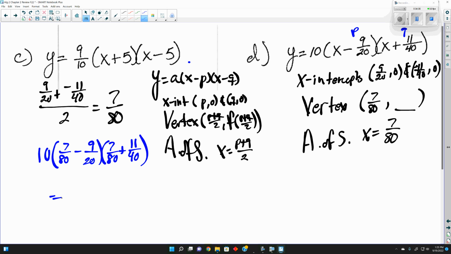I believe we get a nice negative 841 over 640. I think that's what the answer key says, yes? Because it should be on the back of that page that you're on. So I mean directly on the back of that page. 841 over 640, yep.